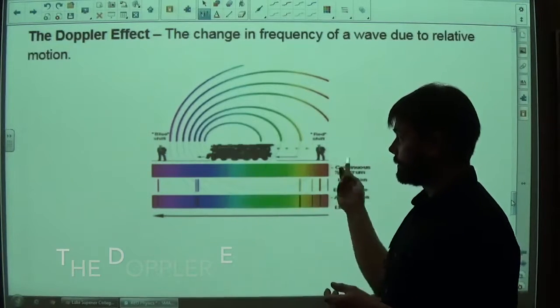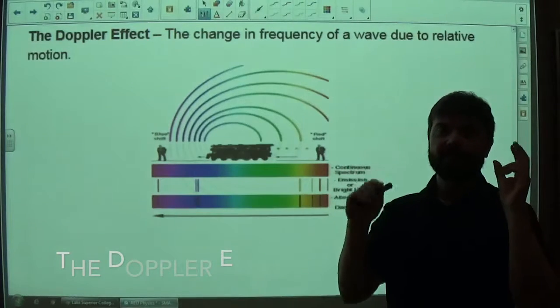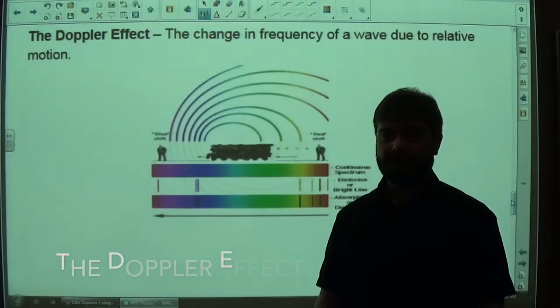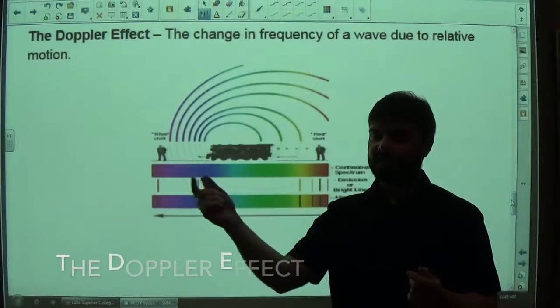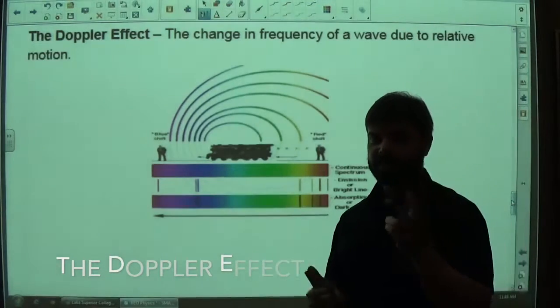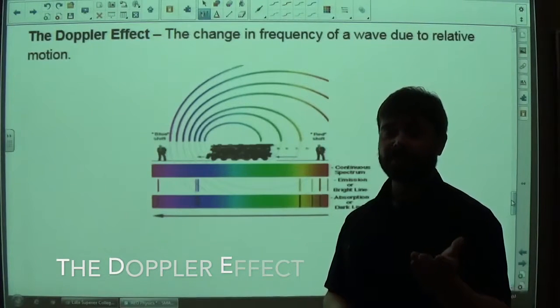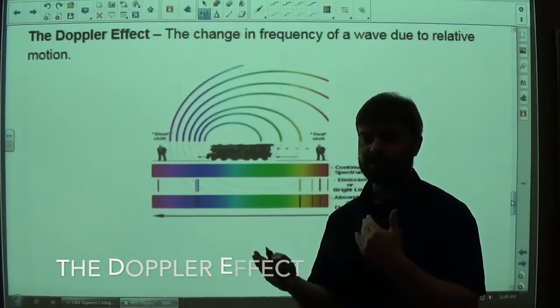For example, a person listening to the sound of a train drive by with a whistle, or if you were observing light coming from some source, if that light was coming toward you or going away, the apparent frequency of the wave going into your eye or into your eardrums can either increase or decrease based upon that relative change in distance.